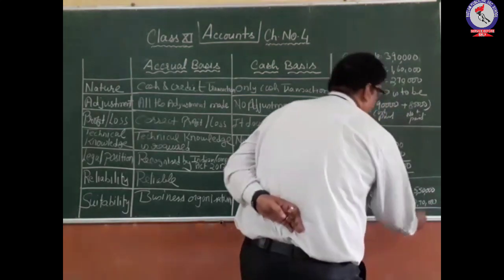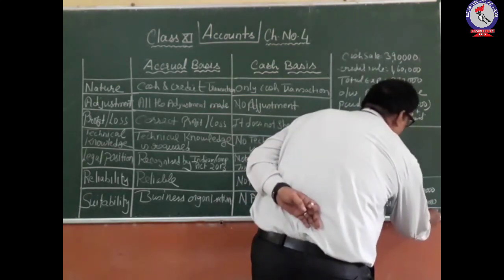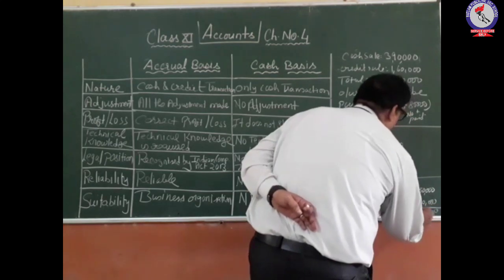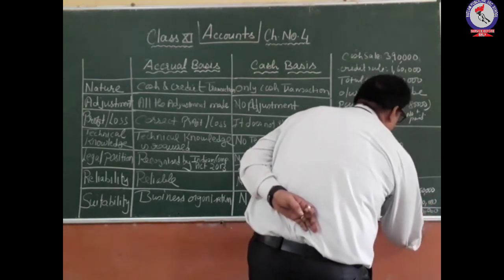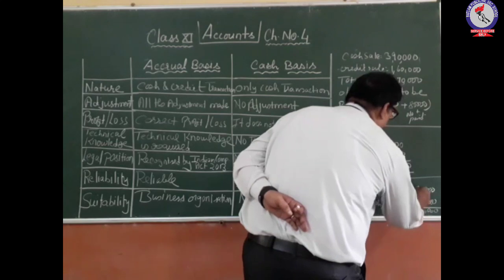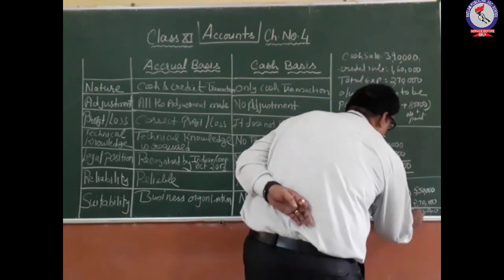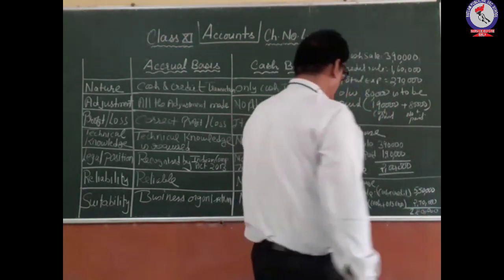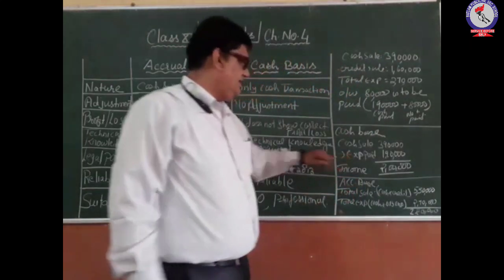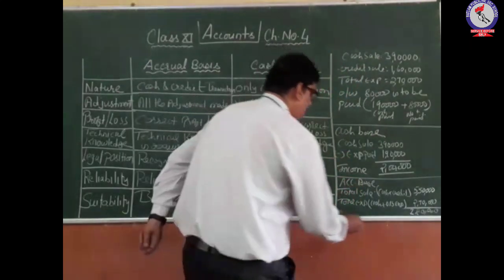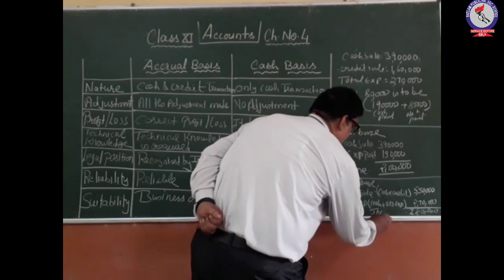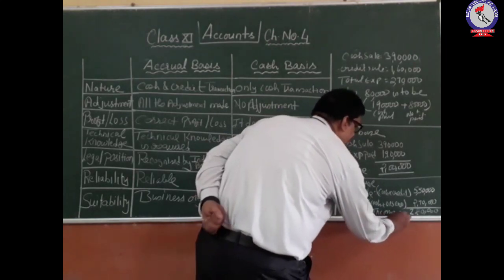So in this year, what have we got? 0, 0, 0, again 0, 15 minus 7 is 8, okay, and 4 minus 2, it is 2. So when we are talking about the accrual basis of accounting, what we have seen is that the income shown here is 2,80,000.